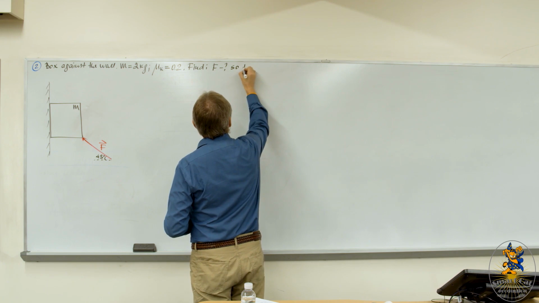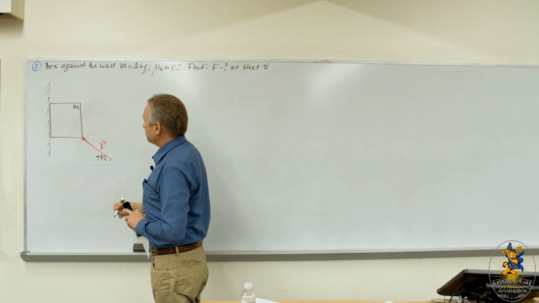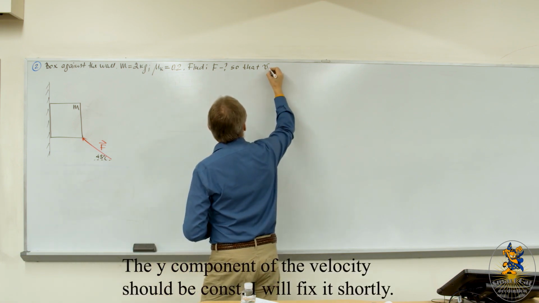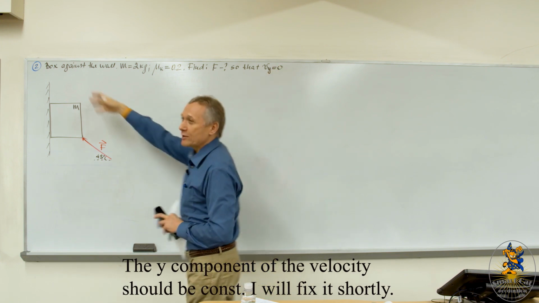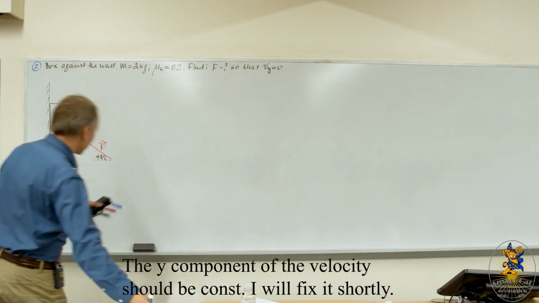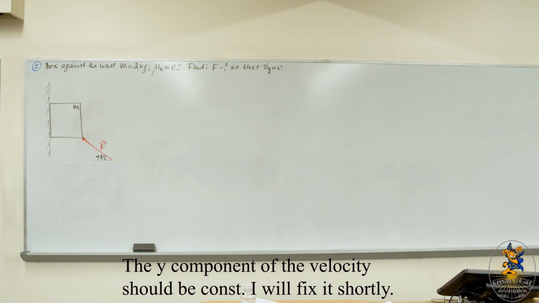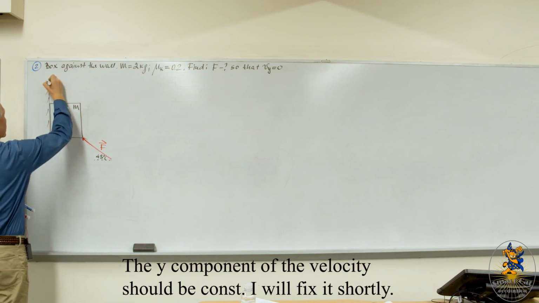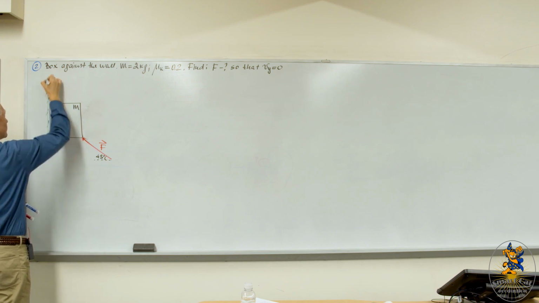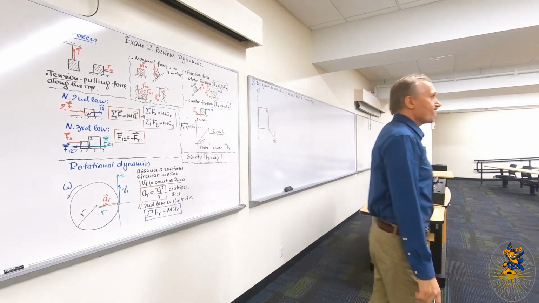So that velocity, why I paused: right now I want to write velocity in the y direction is 0, but I haven't introduced a coordinate system yet. Okay, let me immediately introduce a coordinate system and then we'll continue. I'm going to align it like this. The y coordinate is going to be upward, although I cannot justify why not downward.